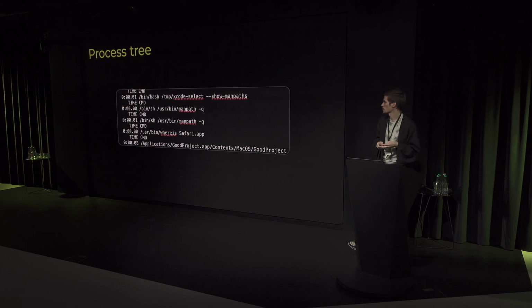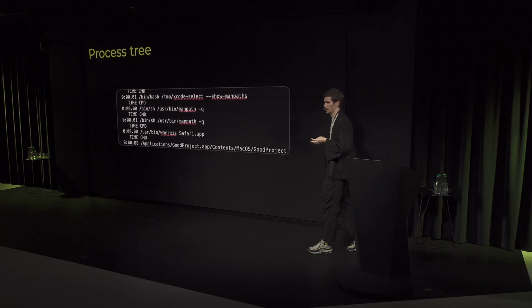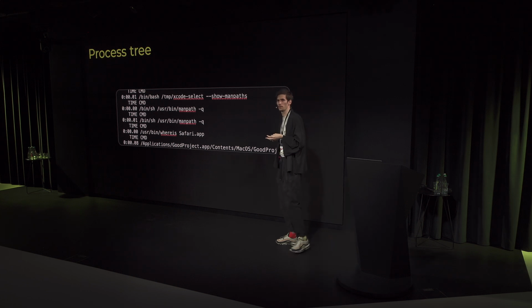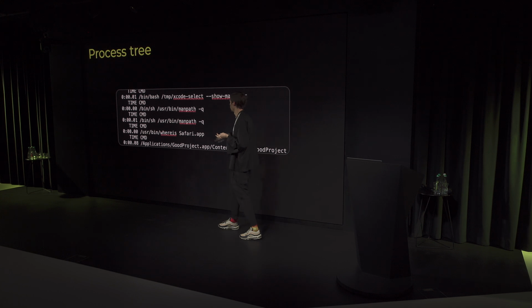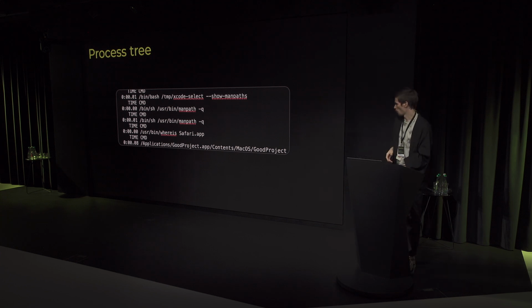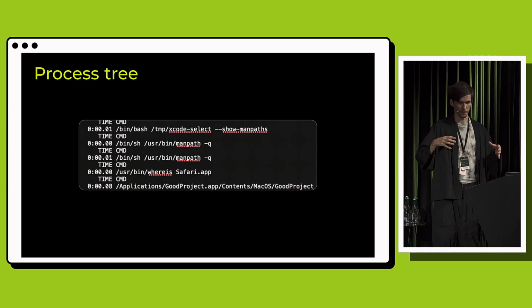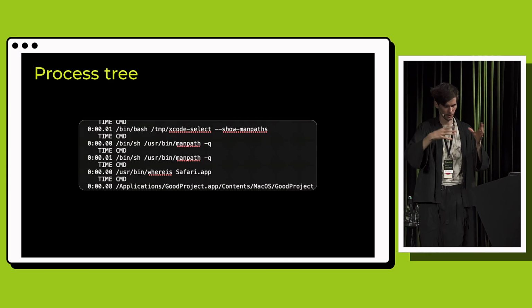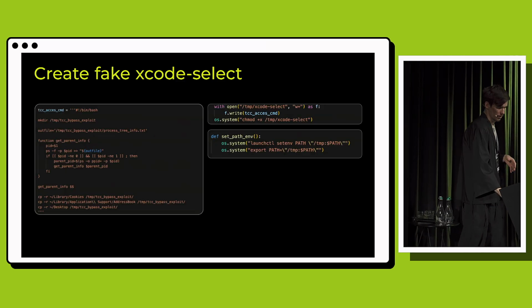And as you can see, this xcode-select is not located in the system folder. It's located somewhere else, in the folder named tmp that we created with our script. So we actually changed the system xcode-select to our xcode-select.